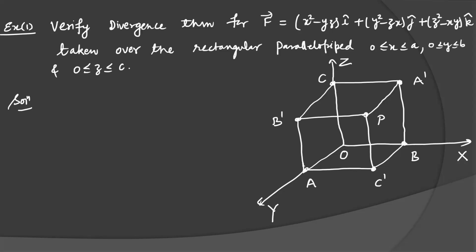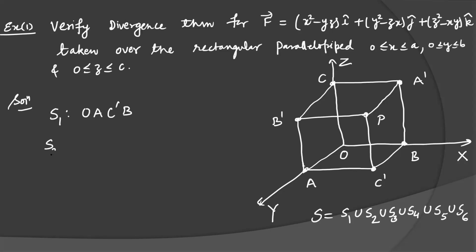We know that in any rectangular parallelepiped, or cuboid actually, there are 6 surfaces. What are the 6 surfaces? Can you tell me? If you take the entire surface S, then this is the union of 6 surfaces. S1, I am taking OAC dash B. S2, I am taking CB dash PA dash.